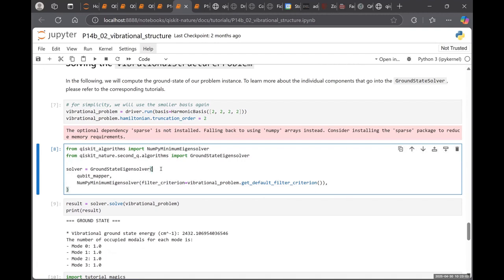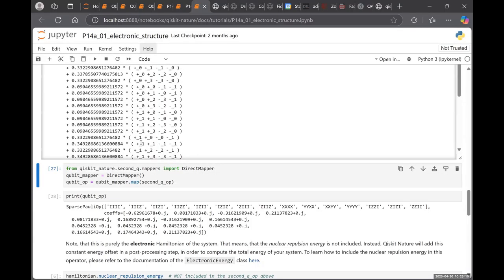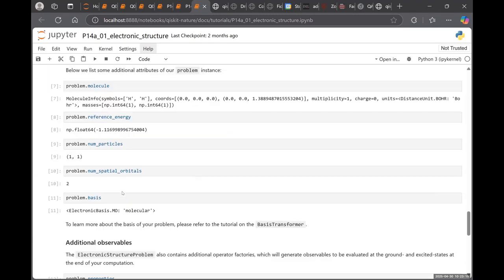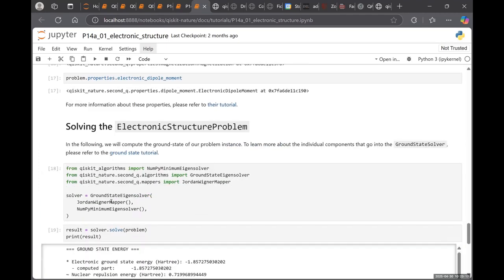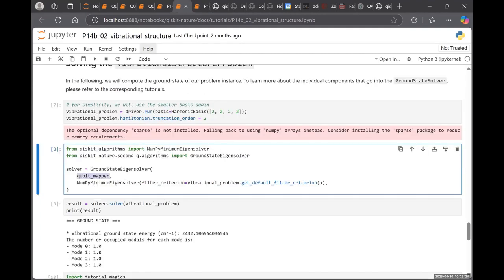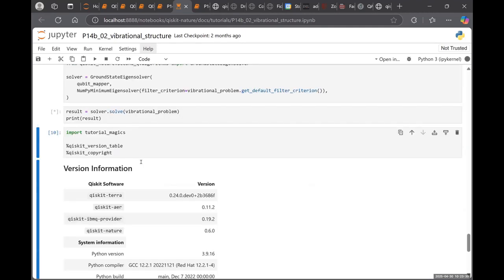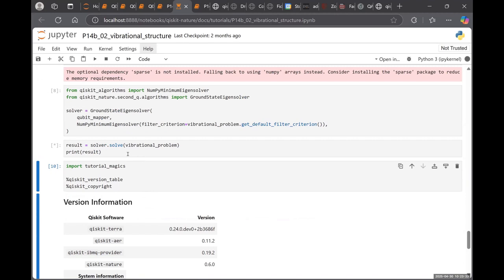And to solve that, you will need to say what the mapper is, right? Like in the electronic problems, it is using Jordan-Wigner to solve that, to do the mapping. And then you use this NumPy minimum eigensolver, and then you print results after you solve that.